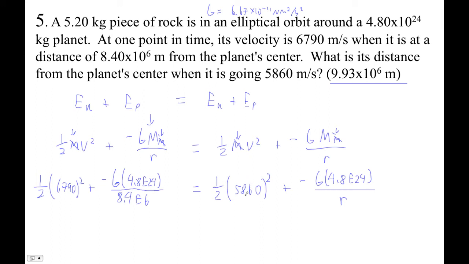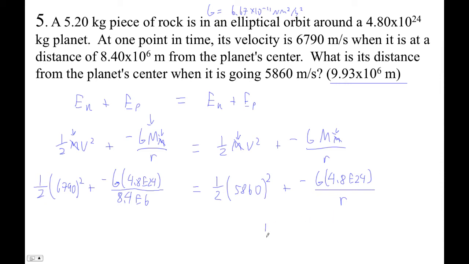So I'm going to go minus 0.5 times 5860 squared. And now I've got on my calculator what this equals. So now I'm going to go negative 6.67 e minus 11 times 4.8 e24, divided by the answer I just got.